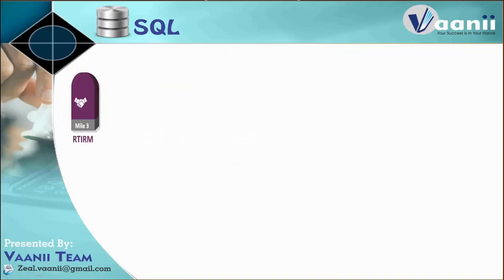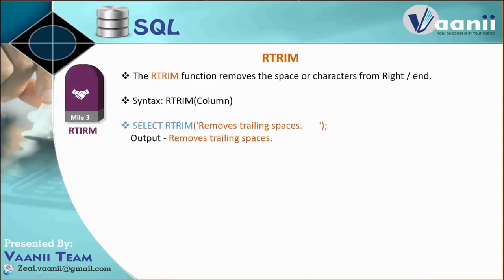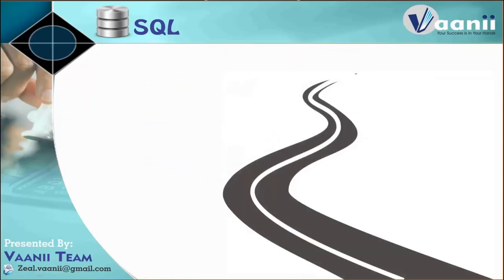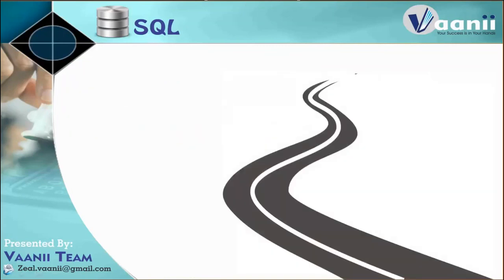Now in the case of the right side, if I apply the function to the right side space, it will just remove the right side space if I use RTRIM. So that's it for today. We'll see other functions in the next video.